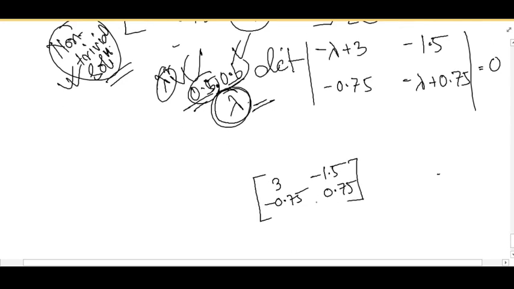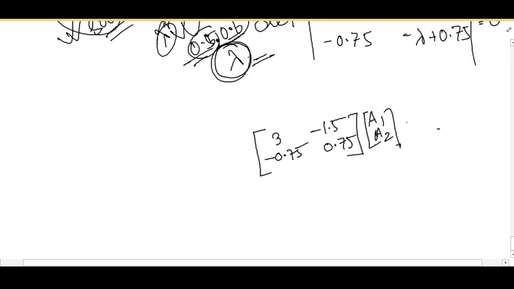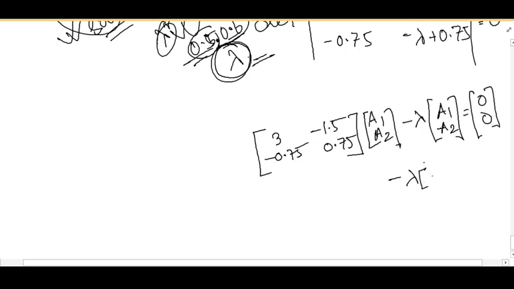This is multiplied by A1, A2, and lambda minus lambda will be out of this. Again I can write this one as 0, 0. So I can introduce an identity matrix here for this one. This will give you no change in there, you know.